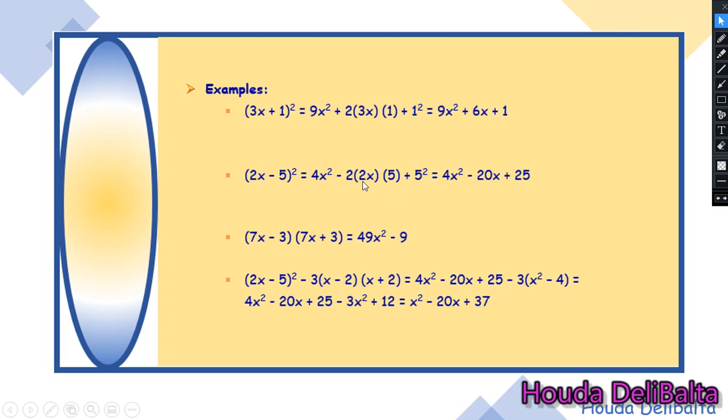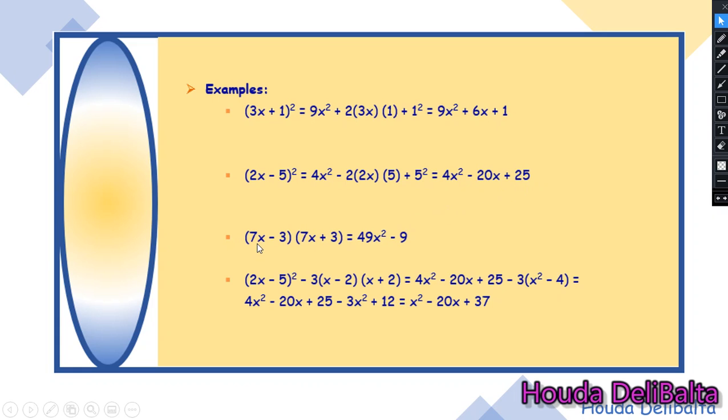So I will get minus 2 times 2, 4 times 5, it's 20. And plus, as I told you, the extremities are always positive, so plus squaring of the second, which is 5, so plus 5 squared, which is 25. And the final answer is 4x squared minus 20x plus 25.